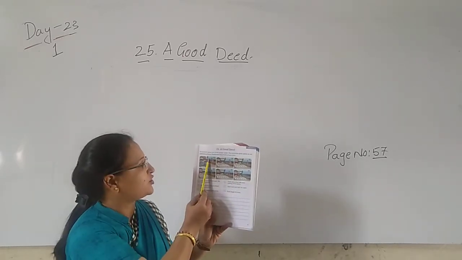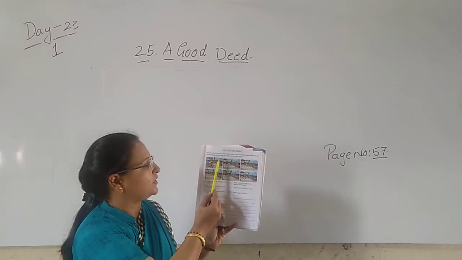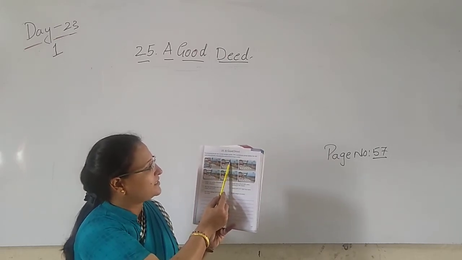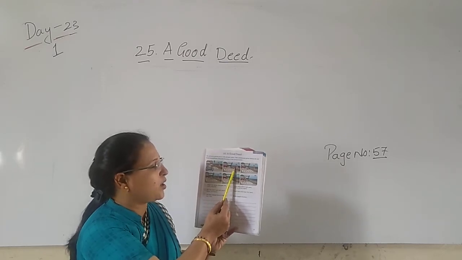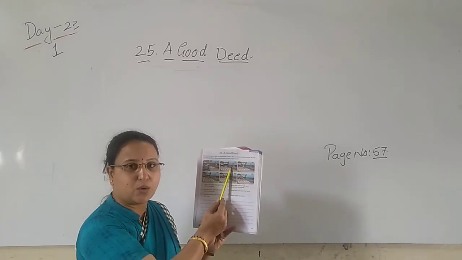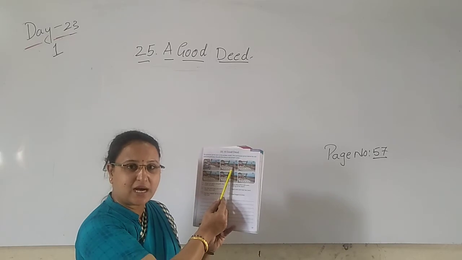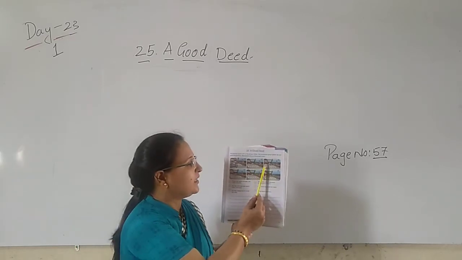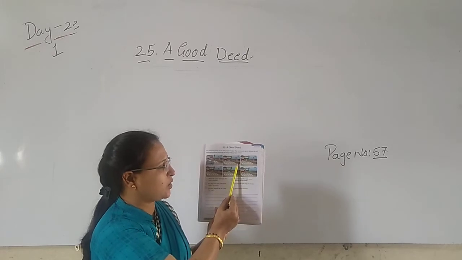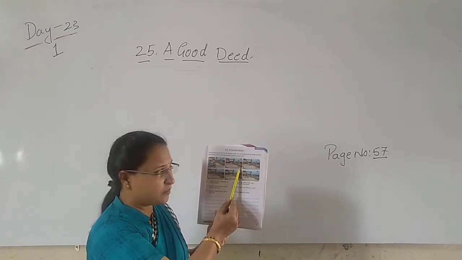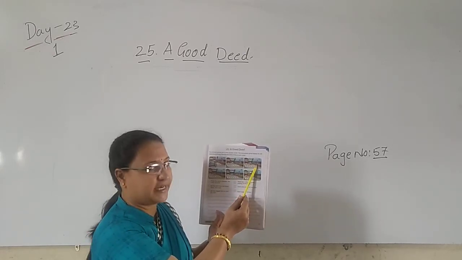And here you can see, children, the green signal is on. Here you can see the red signal is on. The vehicles are stopped, but still the boy and the old lady, the blind lady, are standing here only. In the third picture, you can see the boy is crossing the road, but the grandma is standing here alone.